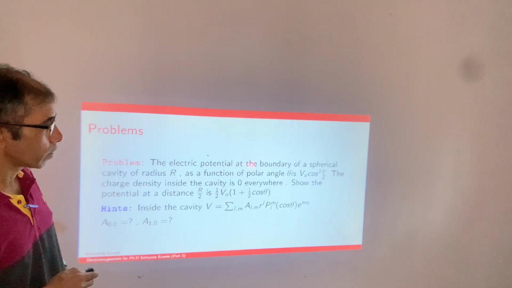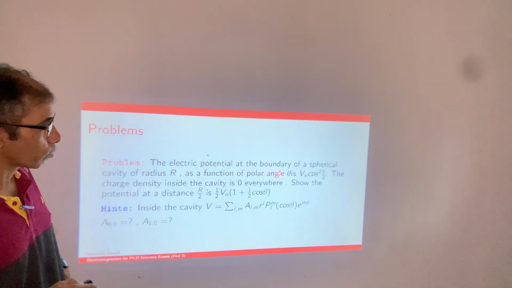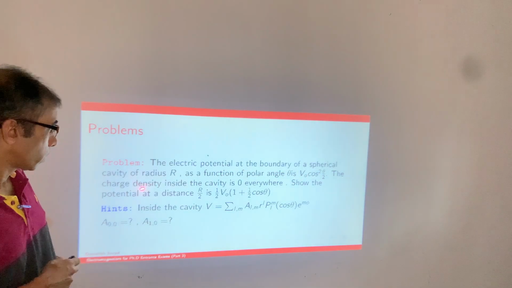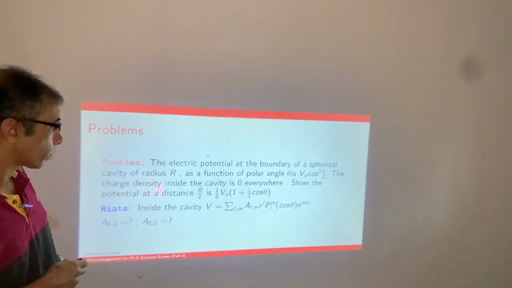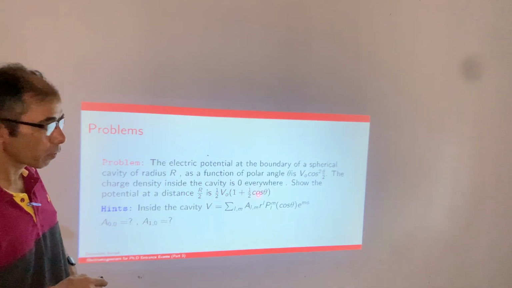The electric potential at the boundary of a spherical cavity of radius r, as a function of polar angle theta, is V0 cos square theta by 2. The charge density inside the cavity is 0 everywhere. Show that the potential at a distance r by 2 is half V0 times 1 plus half cos theta.